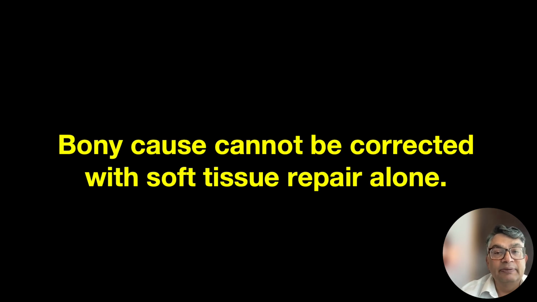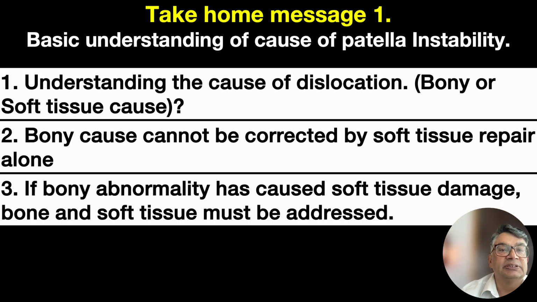So what I want to say is that a bony cause cannot be corrected with soft tissue repair alone. This is a very important principle we have to understand when we start treating patellar instability cases. So the first take home message is about the basic understanding of the cause of patellar instability.